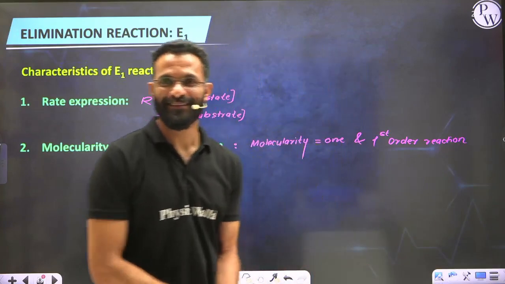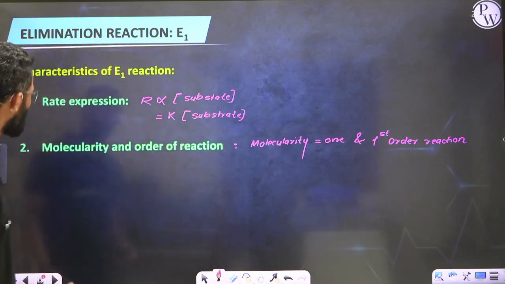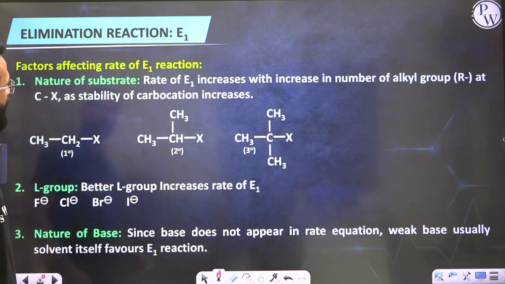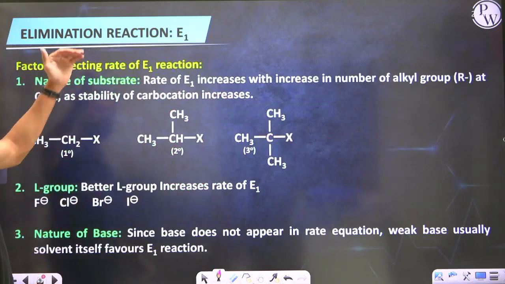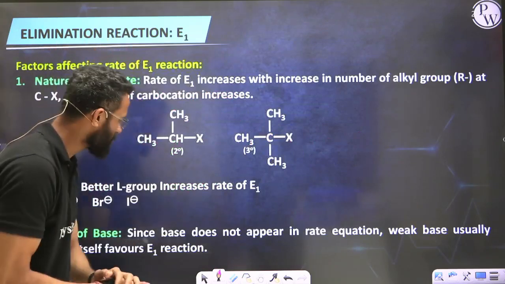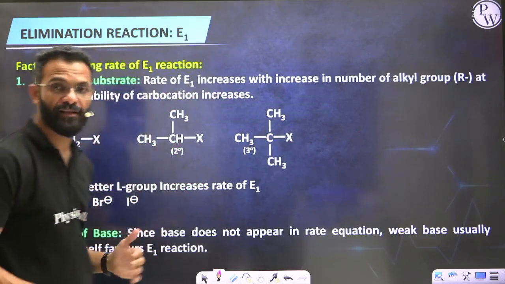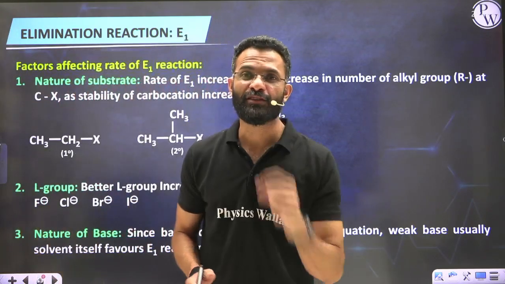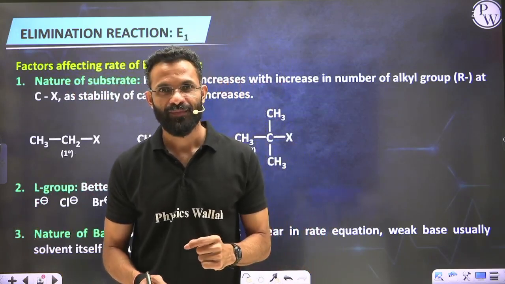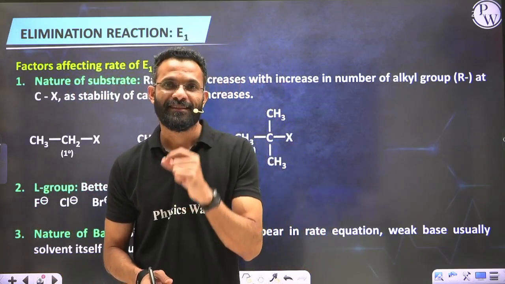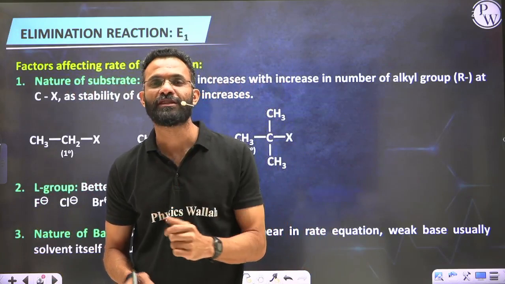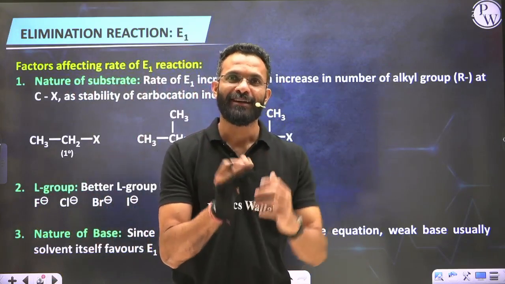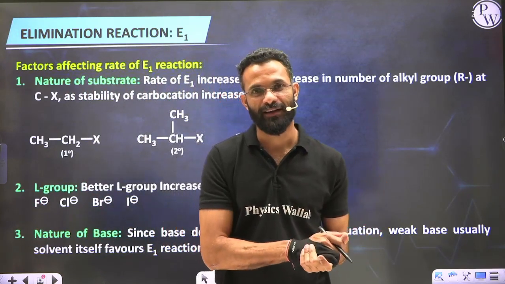Alright everyone, so these were two important characteristics, and now we'll talk about the factors affecting the rate of E1 reaction. The first factor is nature of substrate. What is the key feature of this E1 mechanism? The key feature is, in step number 1, there is slow dissociation of a carbon halogen bond resulting in the formation of carbocation.